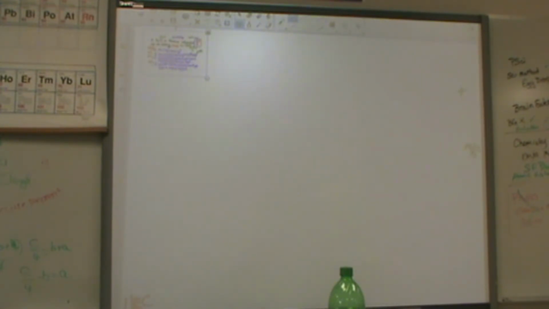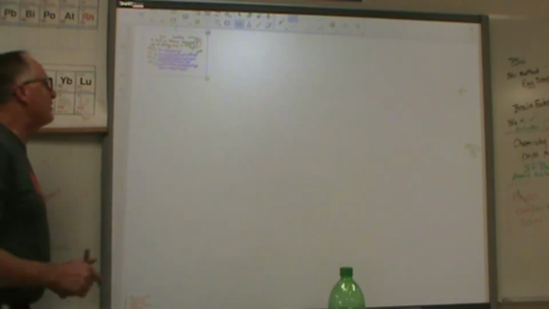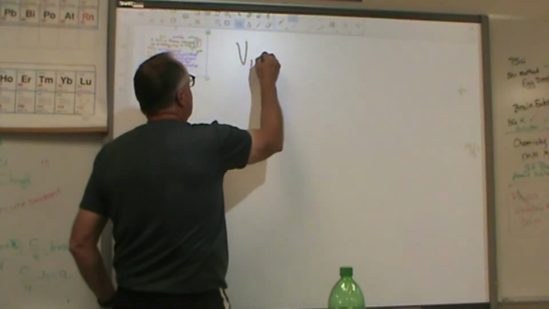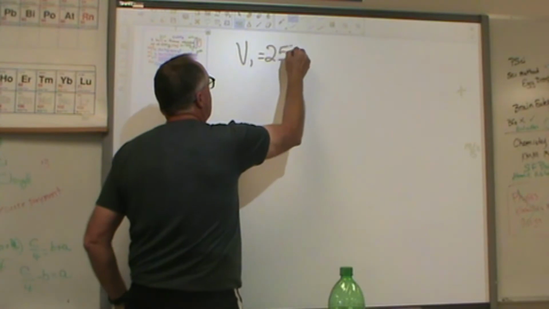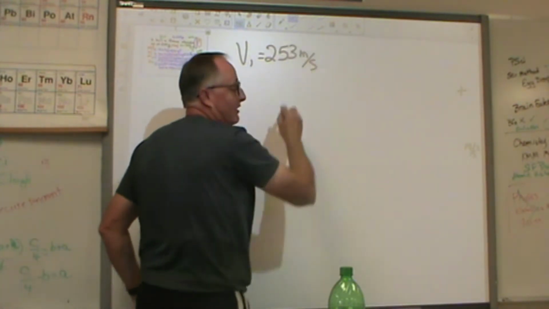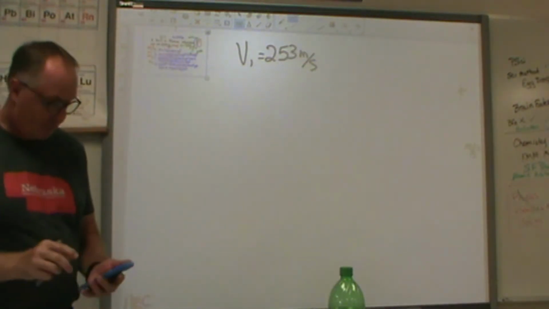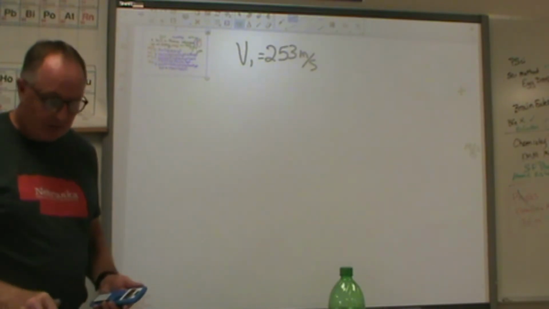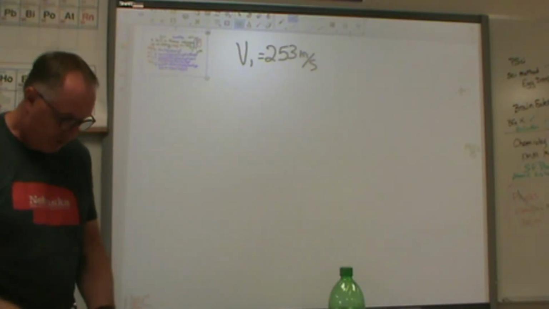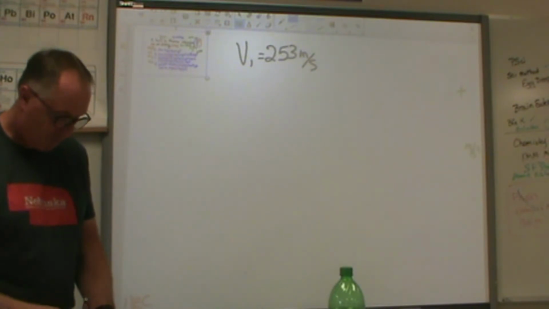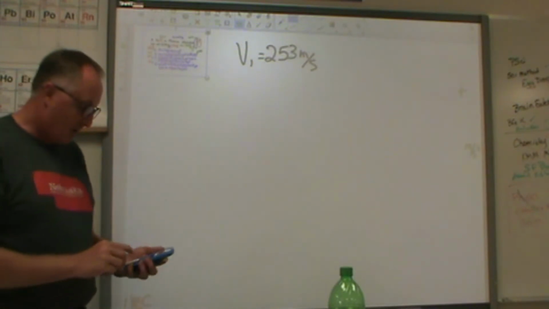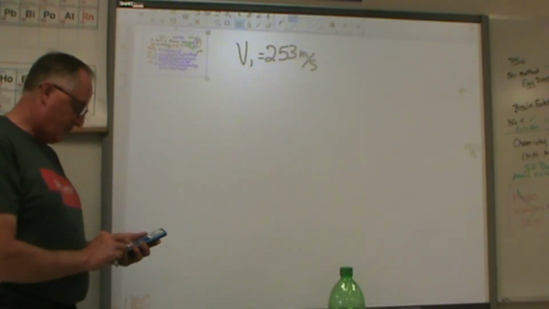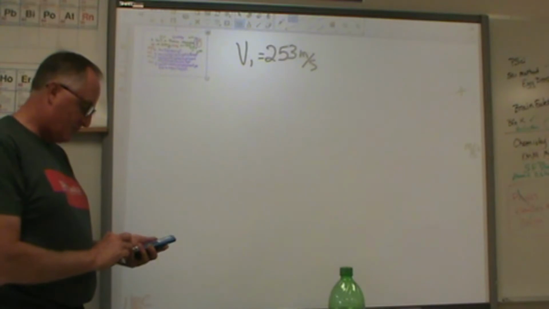So, how far did you get, Ji Young? I got 12.9 meters. It might have gone higher than that. Okay, so we know V1 equals 253 meters per second, which is 253 times 3.6 times 0.6.